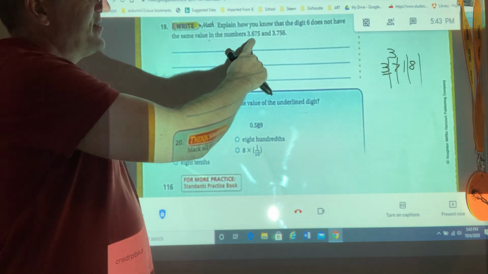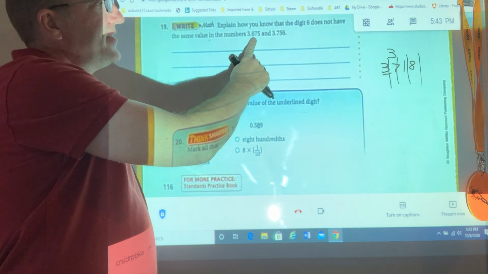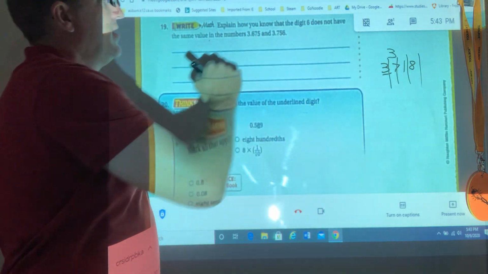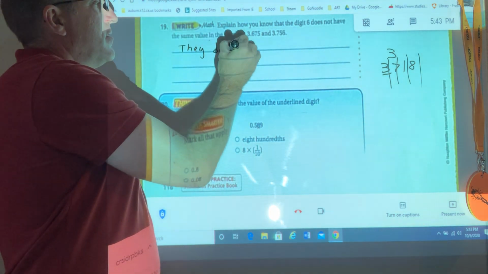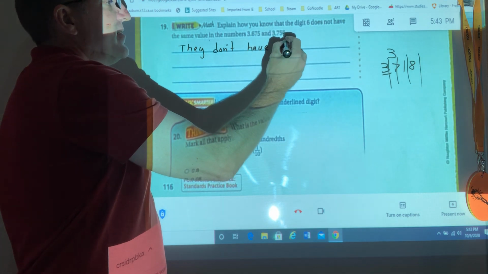And so here I've got 6 tenths, and here I have 6 thousandths. So they don't have the same value because they're not in the same place.